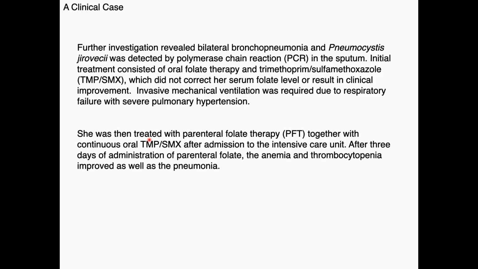Okay. Have we heard the word parenteral before? What does parenteral mean? Not via the gut, maybe? Is it just via the blood? Maybe is it just going IV? Yep, exactly.